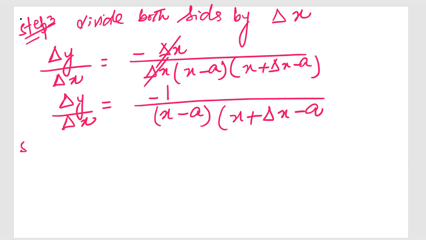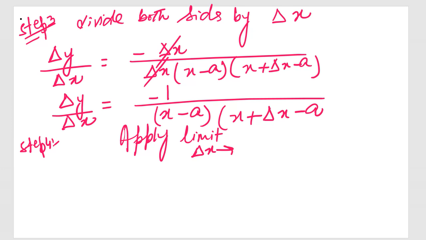Here we have delta y over delta x. Now is the final step, step number 4. In step number 4, we will apply the limit, delta x tends to 0, on both sides.